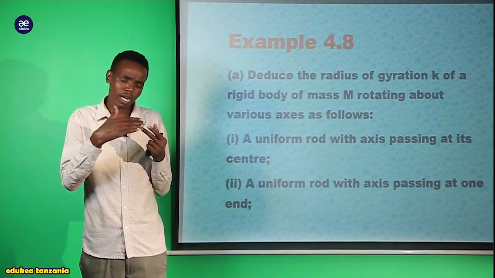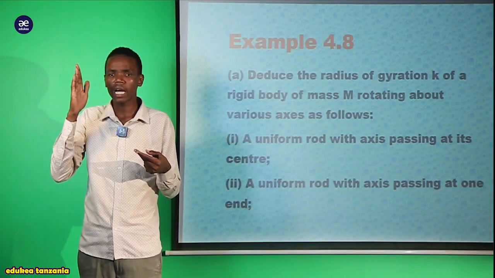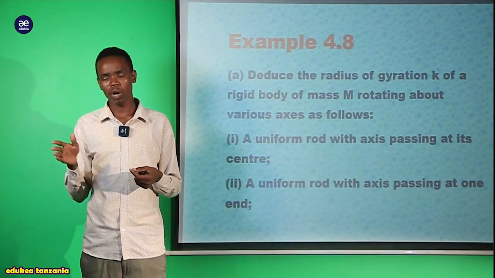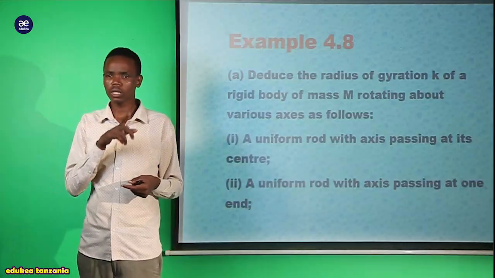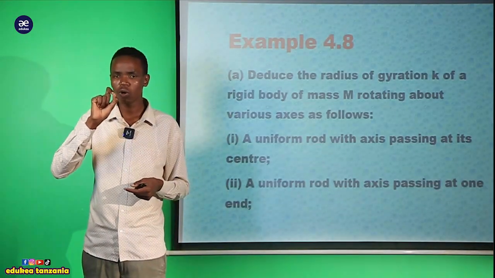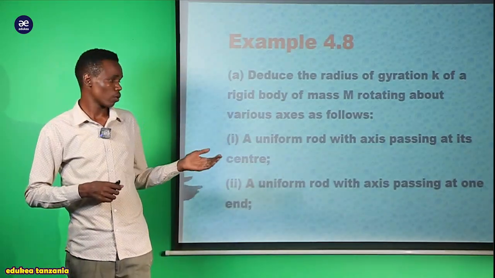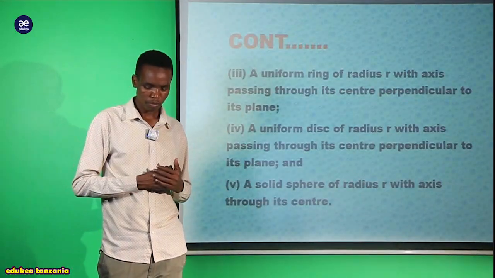Now we have the meter rule, and that meter rule has the axis of rotation at one end. It tries to rotate about that axis. Now, how can we deduce the radius of gyration? That is what we have been asked in our question here.